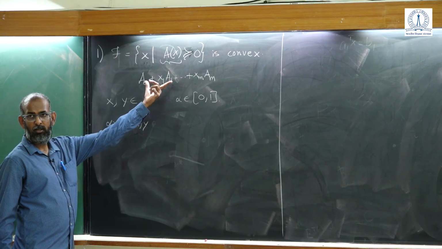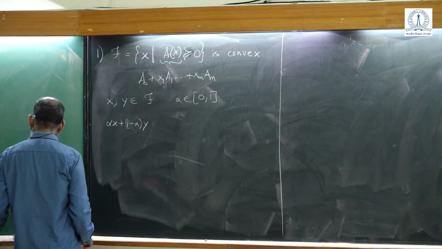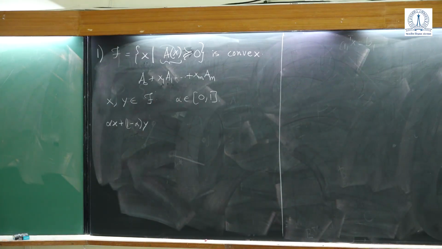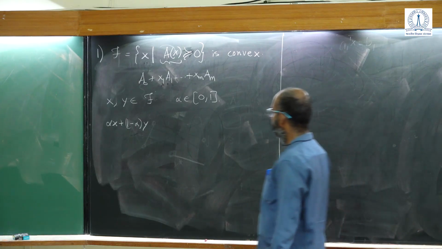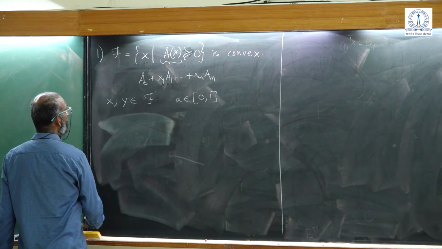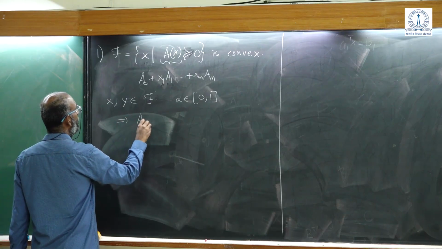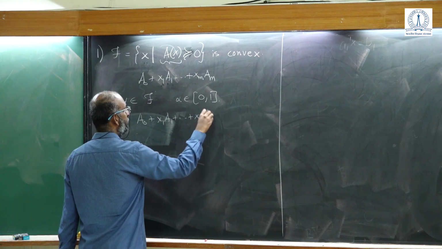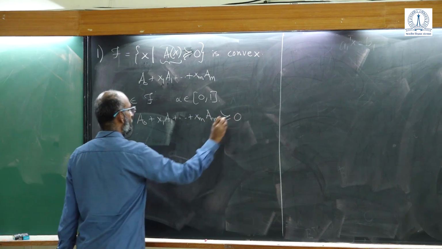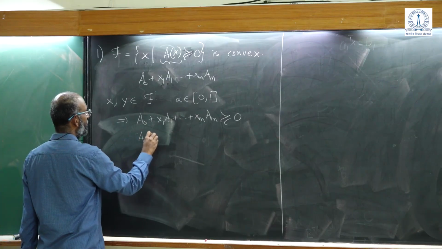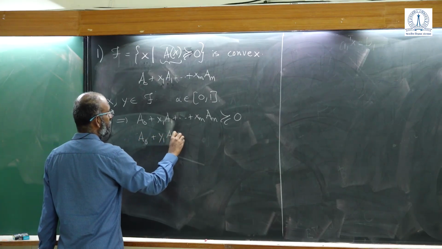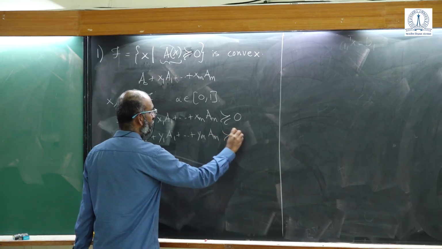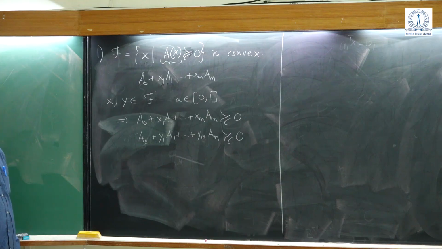Maybe before I go there, I can look at the implication. x and y belong to F, so that means a0 plus x1 a1 plus up to xm am is greater than or equal to 0, and a0 plus y1 a1 plus up to ym am is greater than or equal to 0. Now what?